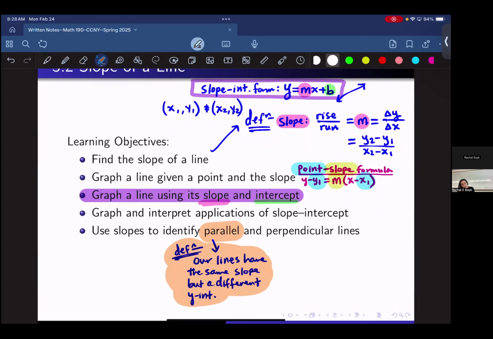Whereas finally, we have, running out of colors here, use red. Perpendicular lines have negative reciprocal slopes. We learned about negative reciprocals maybe a few lessons ago, so now it's popping up again.